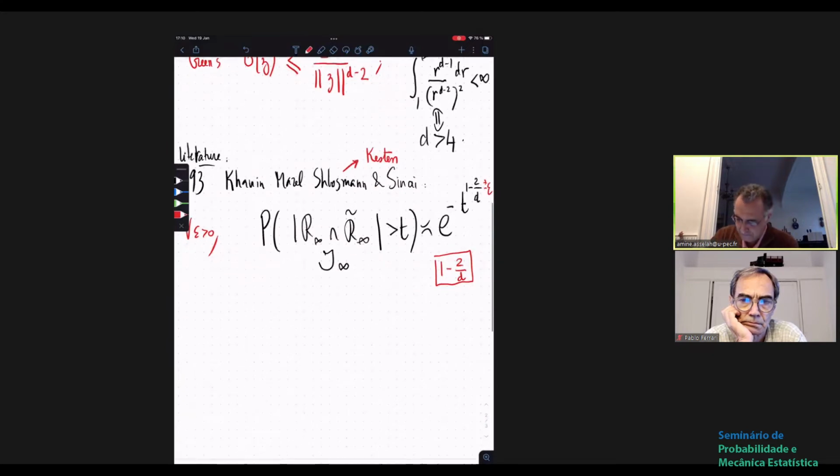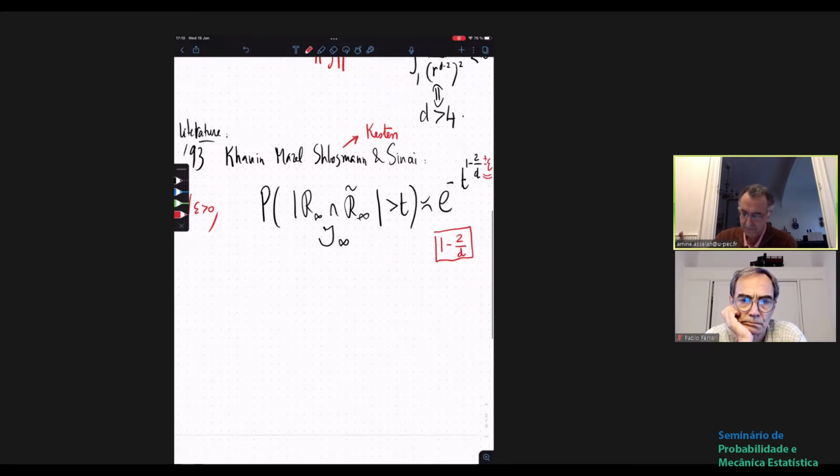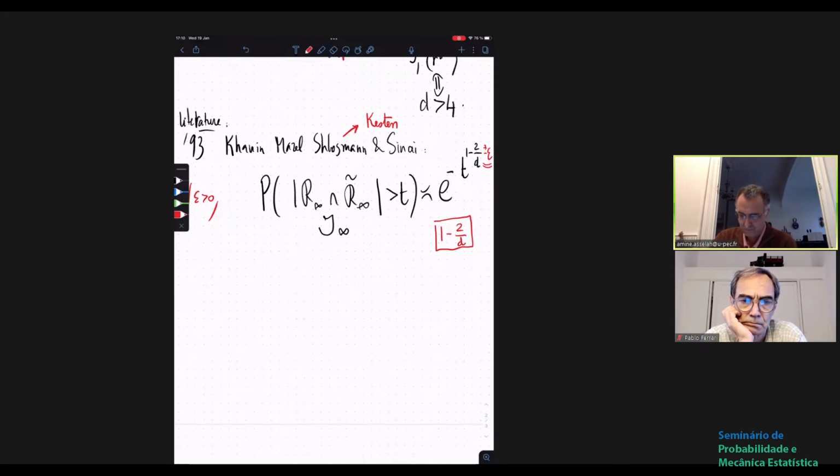But, well, there was this plus or minus epsilon that for some time people tried to reduce to 0. And the first, let's say, step in this direction was in 2000, maybe 2001, by Bolthausen, Michel van den Berg, and Frank den Hollander.